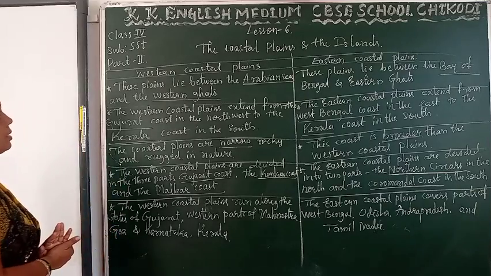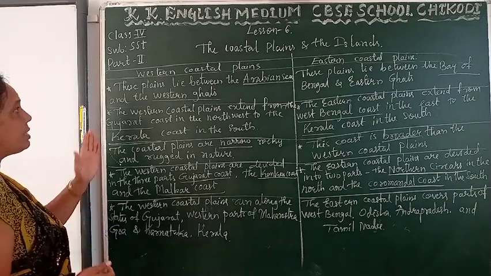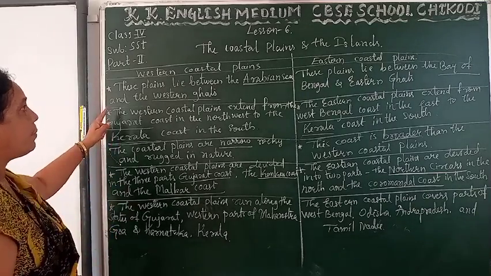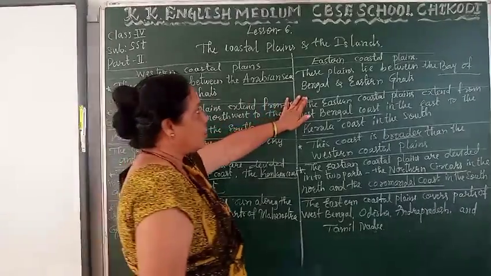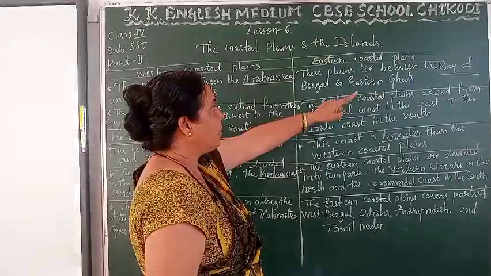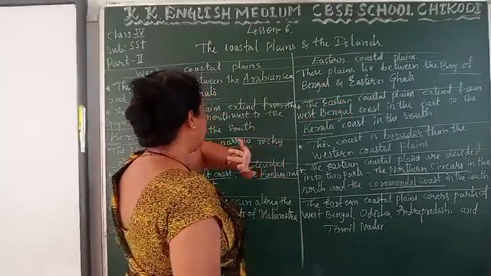Okay, these plains lie in the western coastal plain between Arabian Sea and Western Ghats, and in eastern coastal plain, these plains lie between Bay of Bengal and Eastern Ghats.